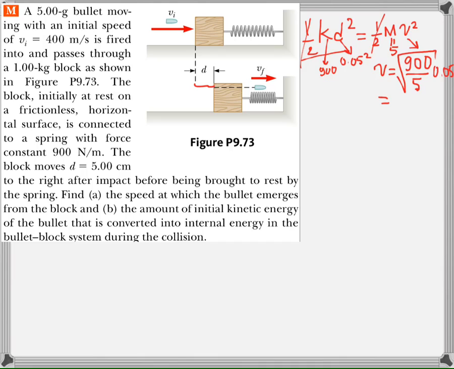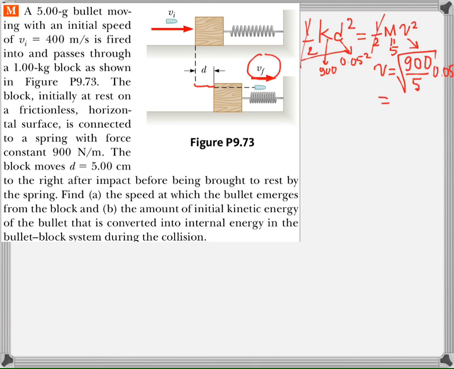The speed of the block, let's call it V final, and V final is given in here. Anyway. What kind of principle should I use to find this V final? Energy conservation again, or momentum conservation, of course.